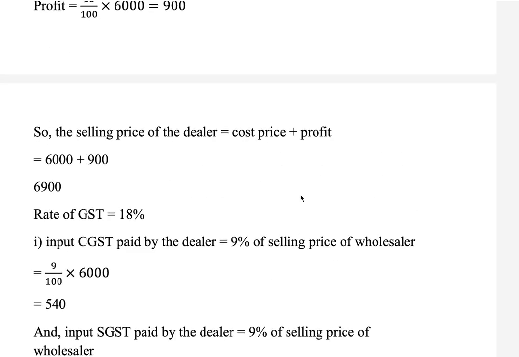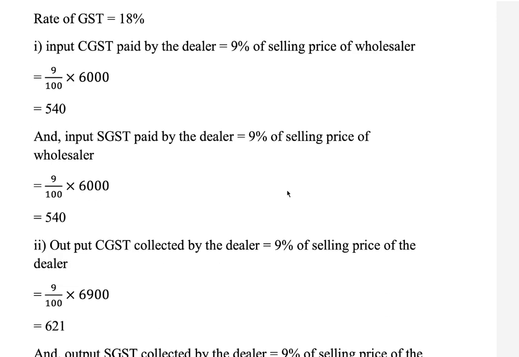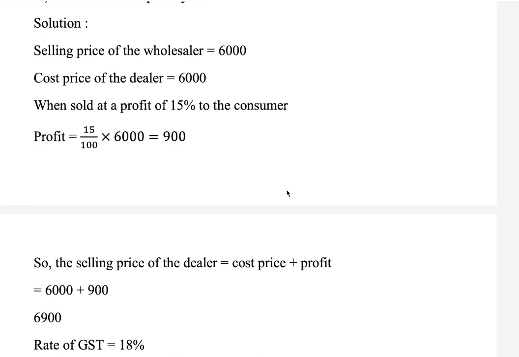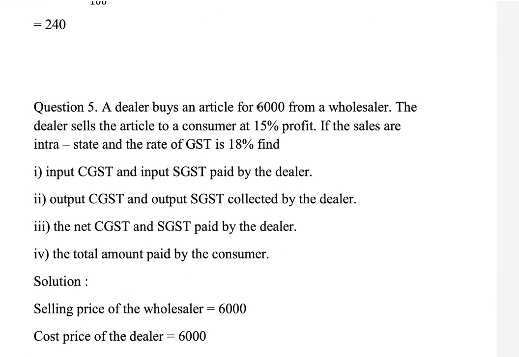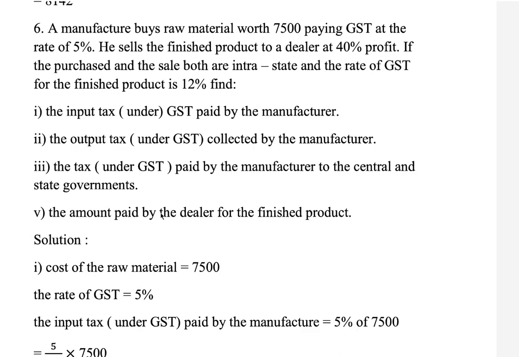So only you have to make a note in your copy that for the input CGST or SGST, whatever may be, will be calculated on the purchase price, that is the 6,000, and output rate will be calculated on the purchase price plus profit figure. Only the difference is this, nothing more than that. Come to the next question.